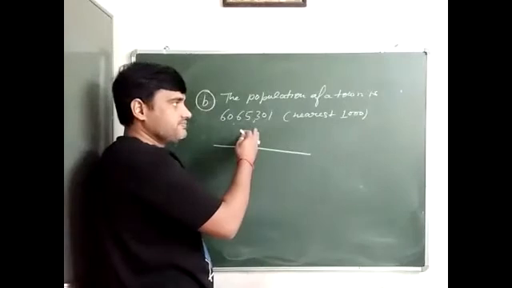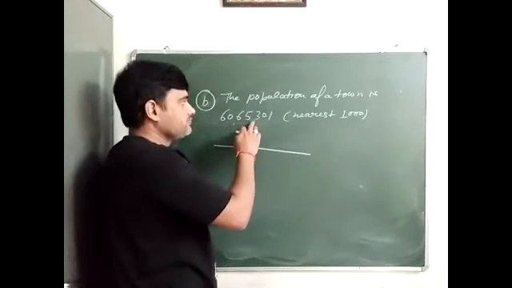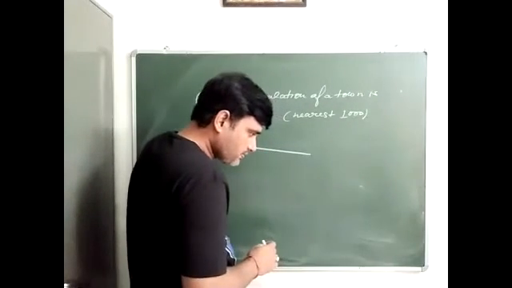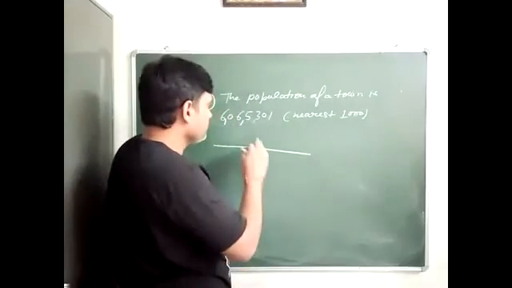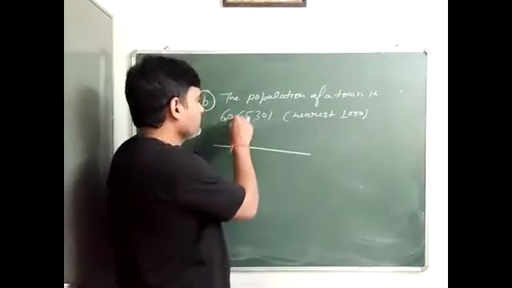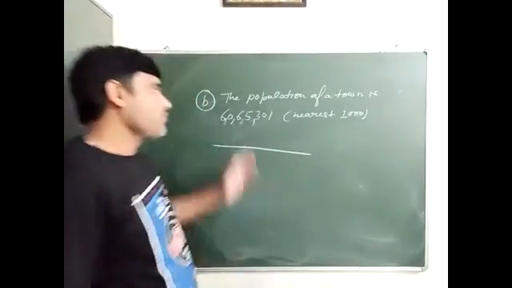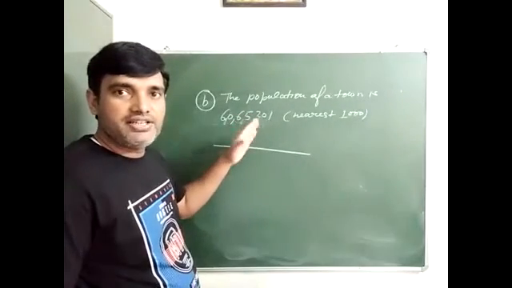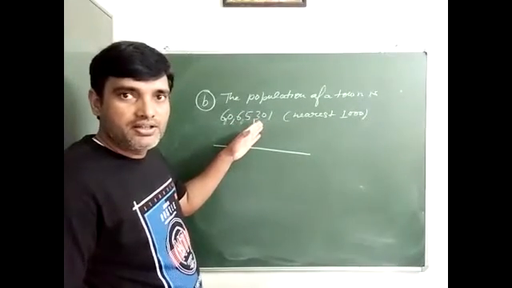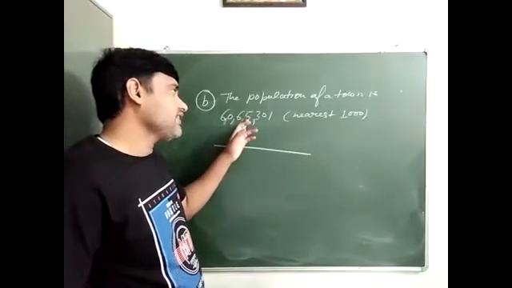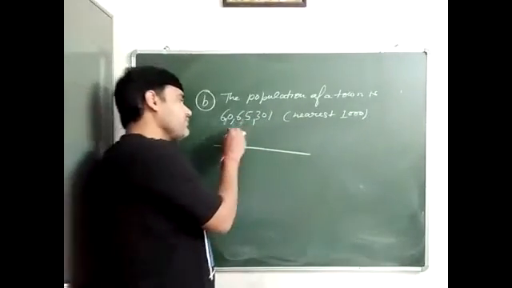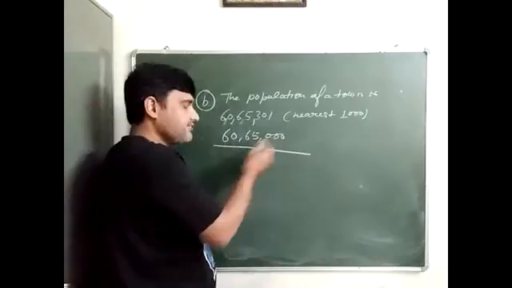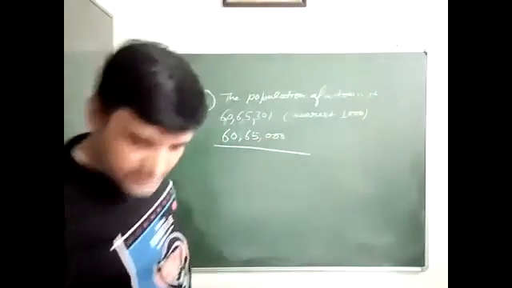We check the 100 place. 100 position, 3, and 3 is less than 5. Therefore, there is no change at 1,000 position. So we get 60,65,000. 60 lakh, 65,000.